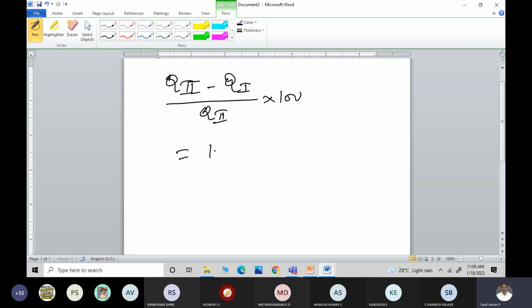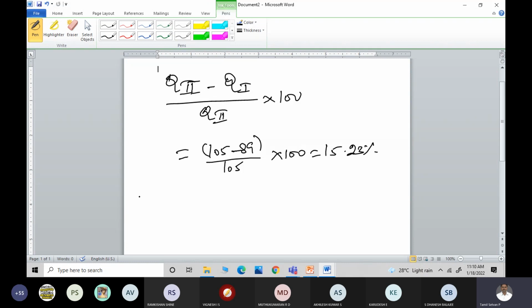So 105 minus 89 divided by 105. How much will the increase be? 15.23, sir. So the increase is 15.23 percent.